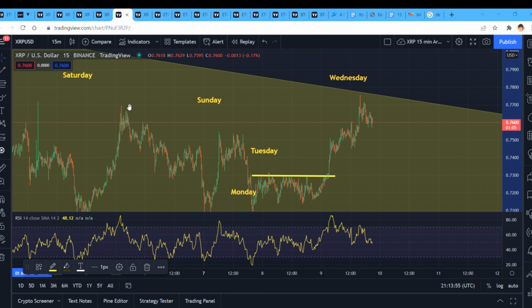The first one is the double top, which is a clear rejection of the peak. Now this double top is not always identical. So the two peaks are not always identical. The first one can be lower, the second one can be higher.